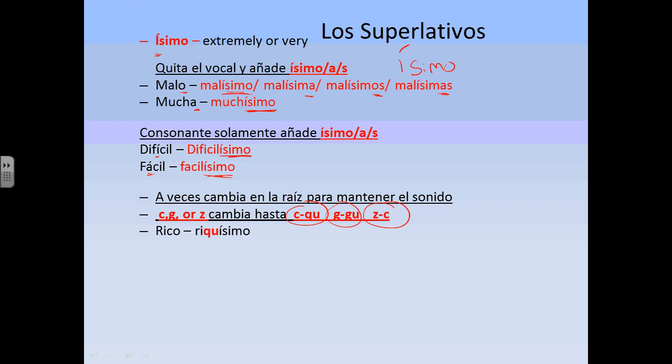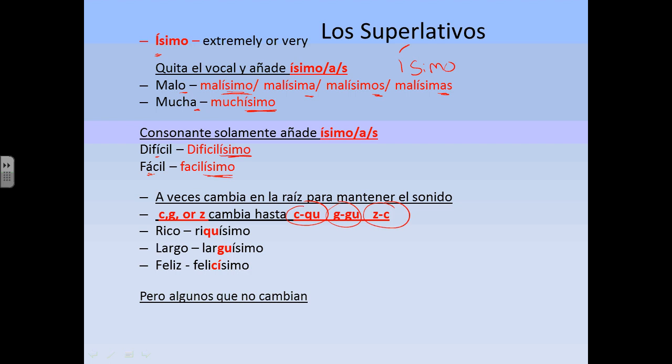Okay, rico cambia a riquísimo. It would be ricísimo if you think about it. You know how these are pronounced, so you know when it needs to change from rico to riquísimo rather than ricísimo. Okay, largo, larguísimo. For example, feliz, felicísimo. It changes, or some of the ones it changes.